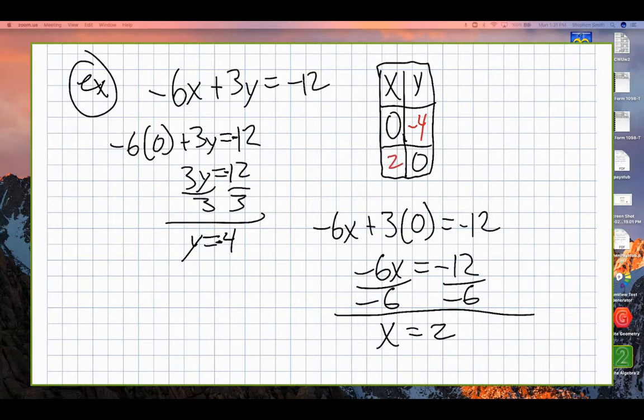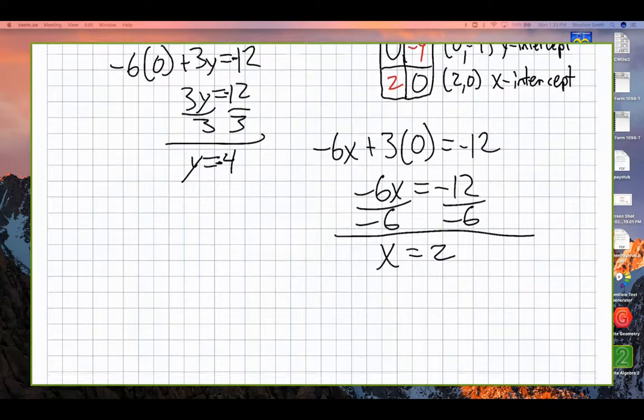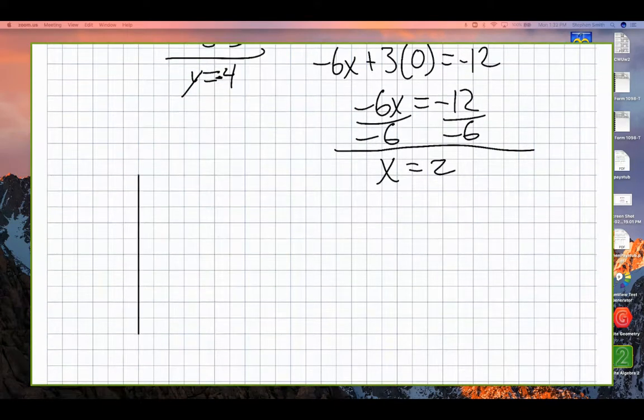Okay, so we've got 2 points. We've got a point at 0, negative 4. This is the y-intercept. We have a point at 2, 0. This is the x-intercept, and we're going to plot those 2 points. 0, negative 4, and 2, 0. Let's move that up a little bit.